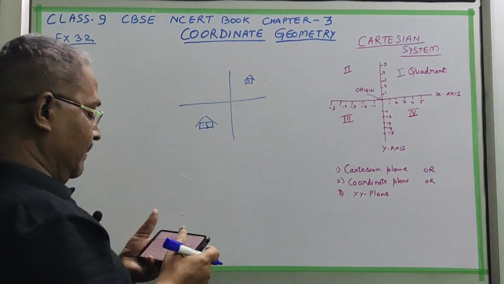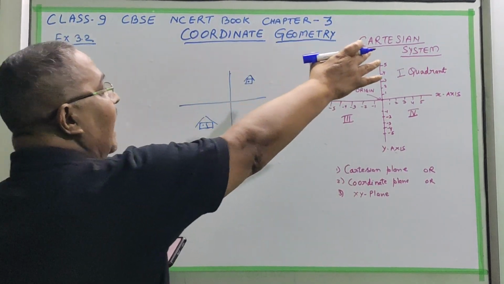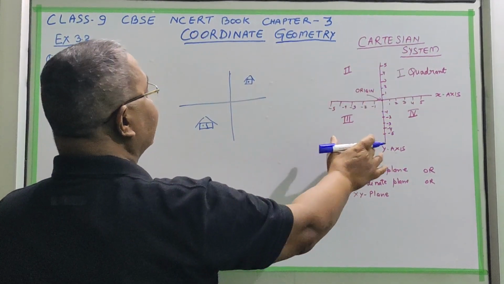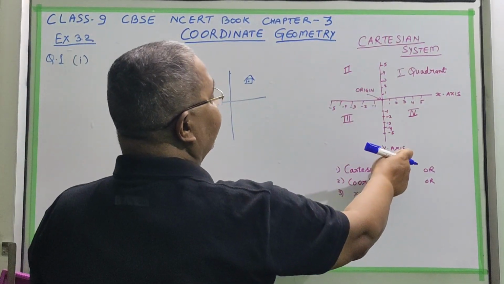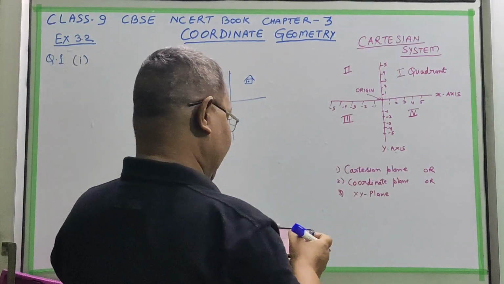So Cartesian described this system, in which he made two lines: one is a vertical line and one is a horizontal line.